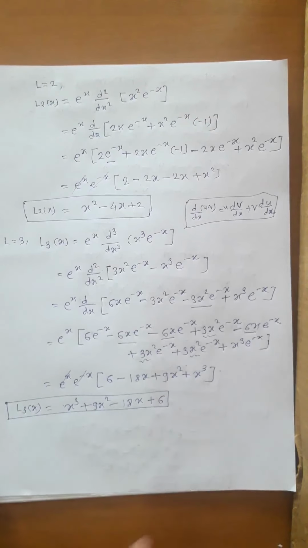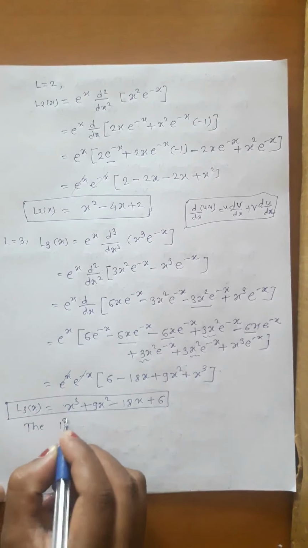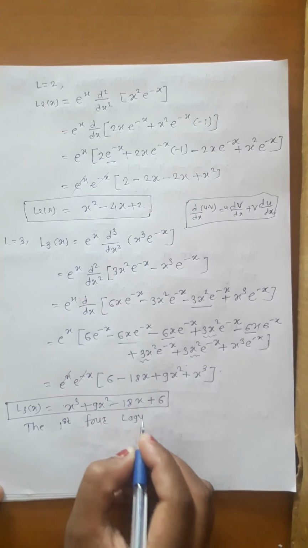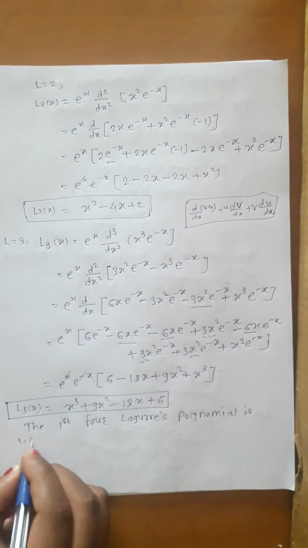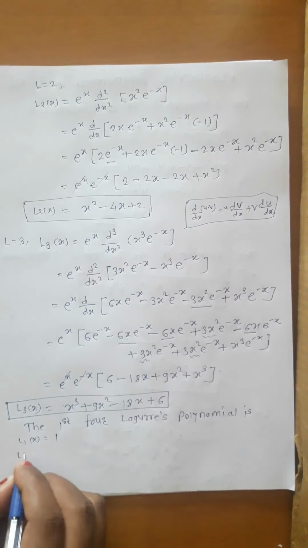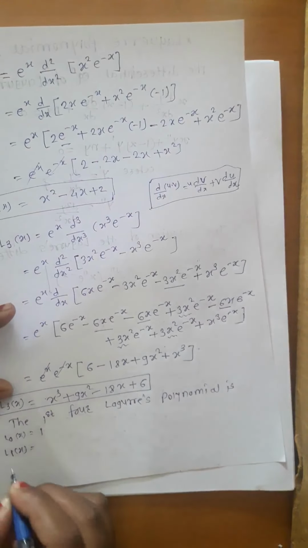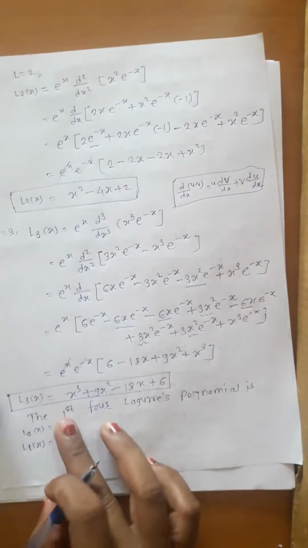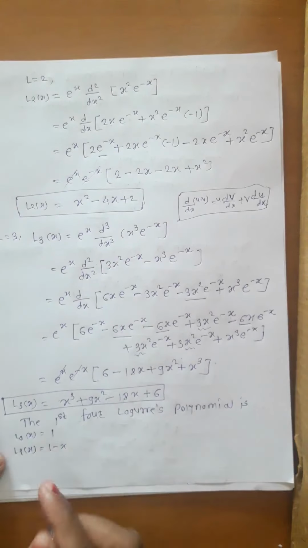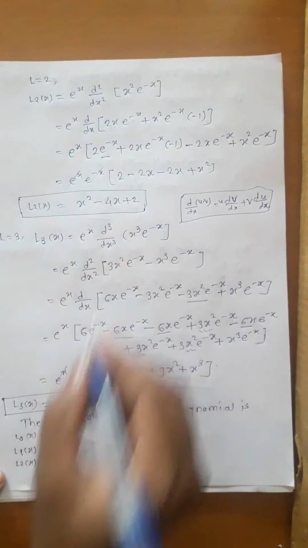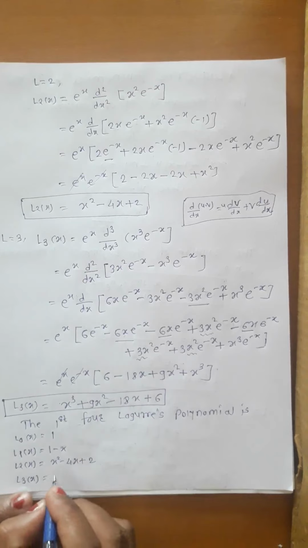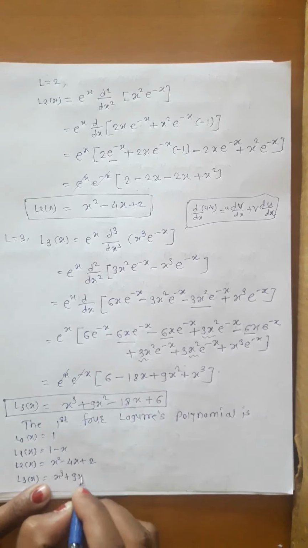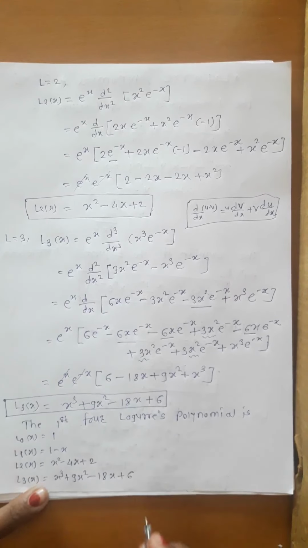Okay. Now the first 4 Laguerre polynomials are: L0 of x is equal to 1, L1 of x is equal to 1 minus x, then L2 of x is equal to x square minus 4x plus 2, and L3 of x is equal to x cube plus 9x square minus 18x plus 6.